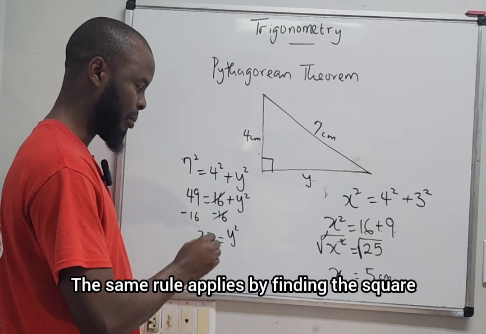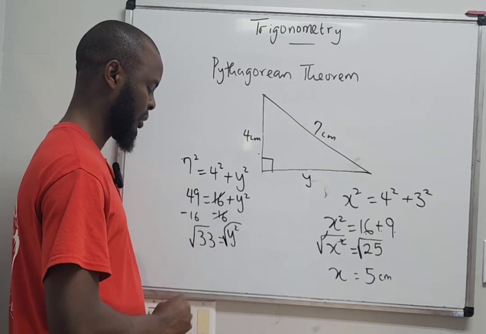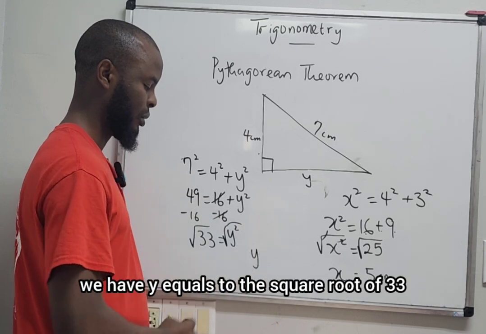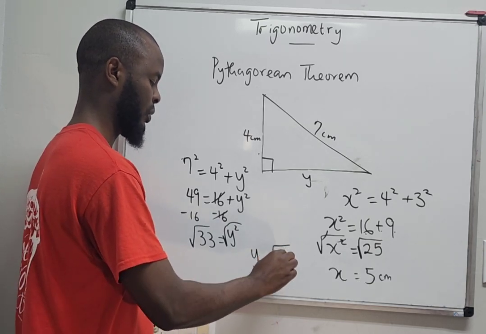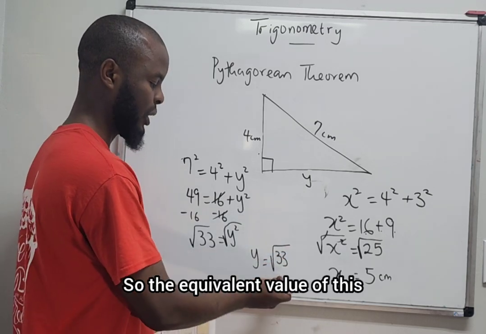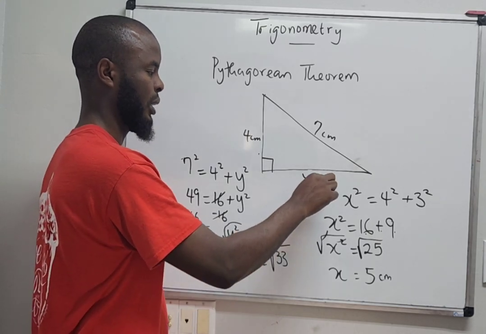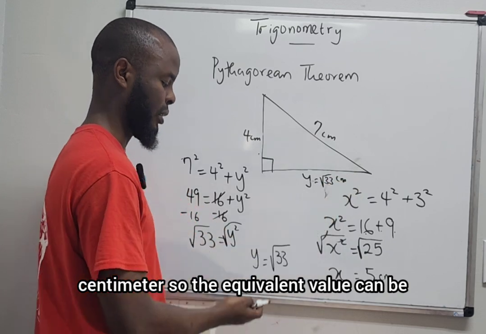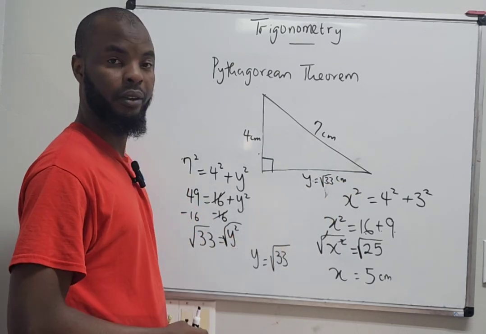The same rule applies by finding the square root of both sides. If we find the square root of y squared, we have y equals to the square root of 33. So the equivalent value of this, when you use a calculator, is going to be the value of y in centimeter. So square root of 33 centimeter. So the equivalent value can be in decimal, then you plug in.